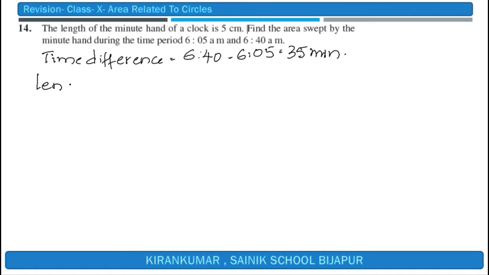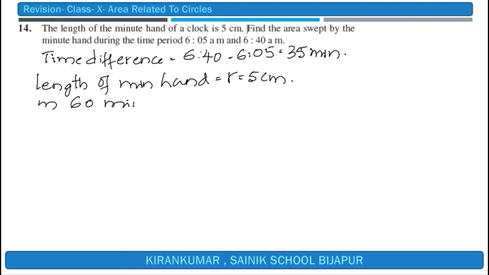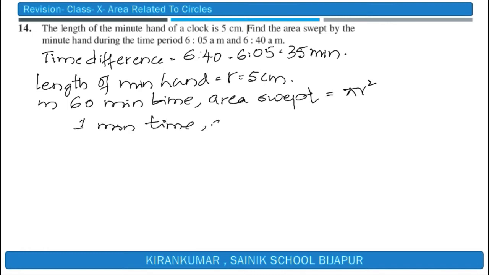What is the length of the minute hand? This will be the same as radius, which is 5 centimeter. So in 60 minutes time, area swept will be equal to pi r square. So in a minute's time, the area swept will be equal to pi r square upon 60.